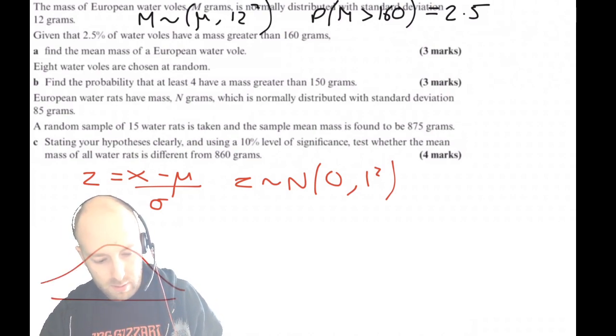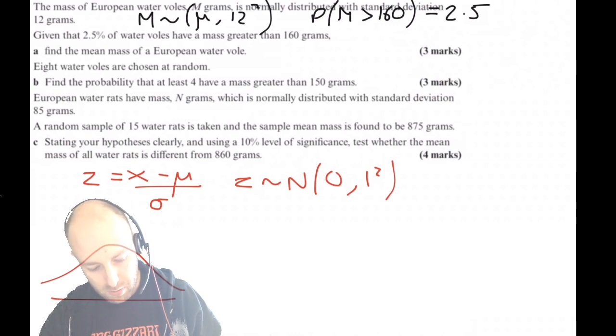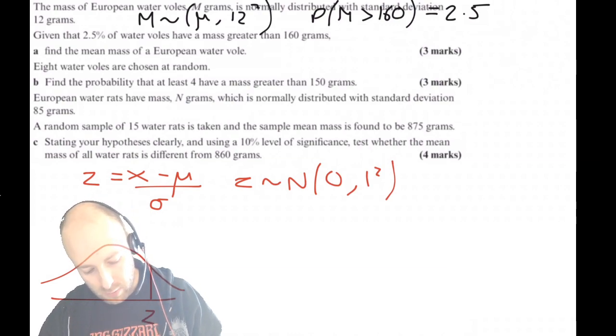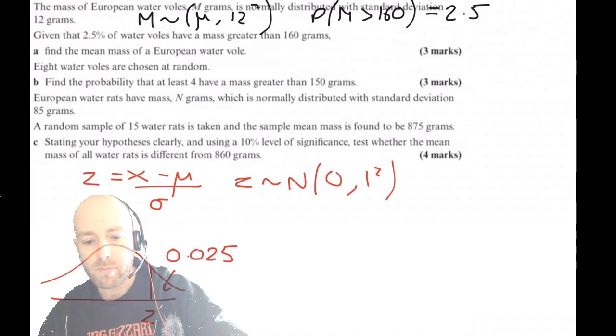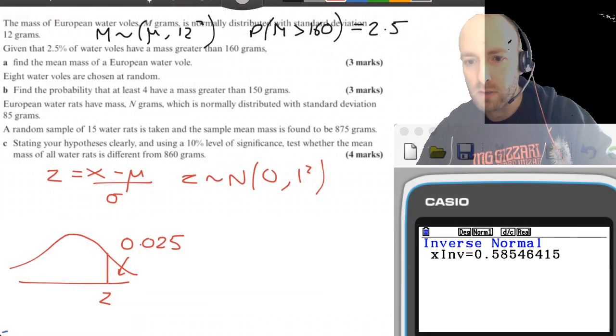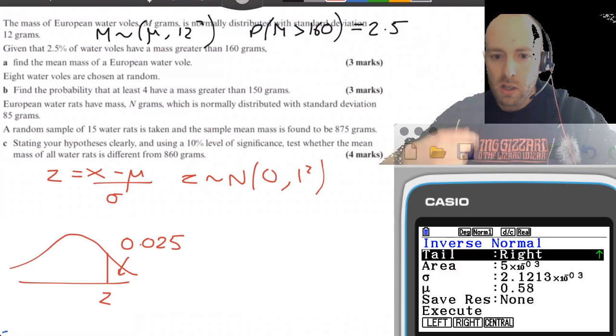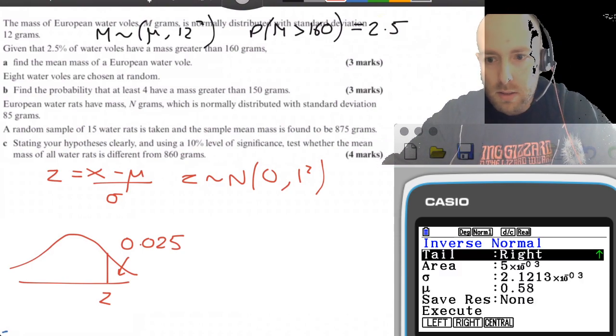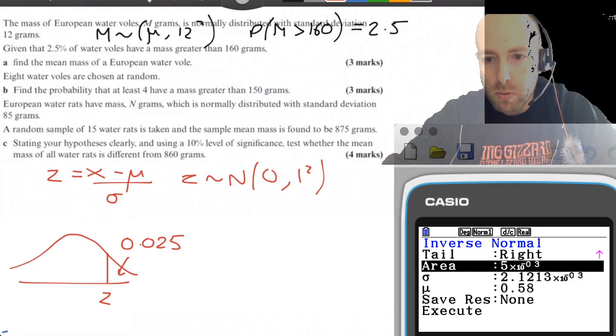The probability it's greater than this is 2.5%, so that's going to be our Z value there, 0.025. Let's bring up the calculator for an inverse normal, which we're already on, which is useful. Tail is going to be to the right. Area is going to be 0.025.